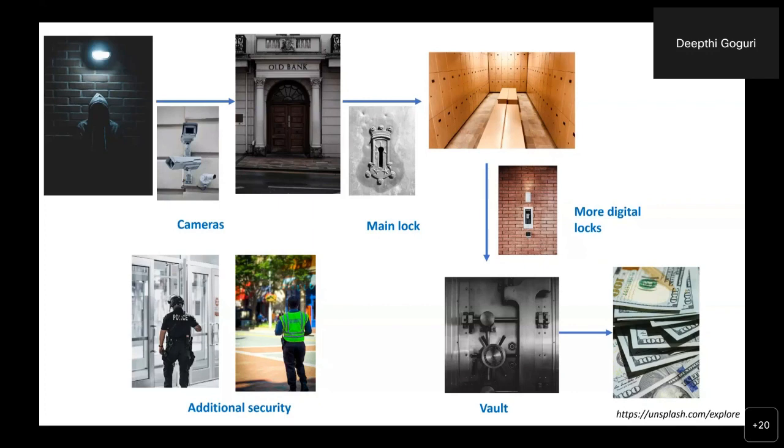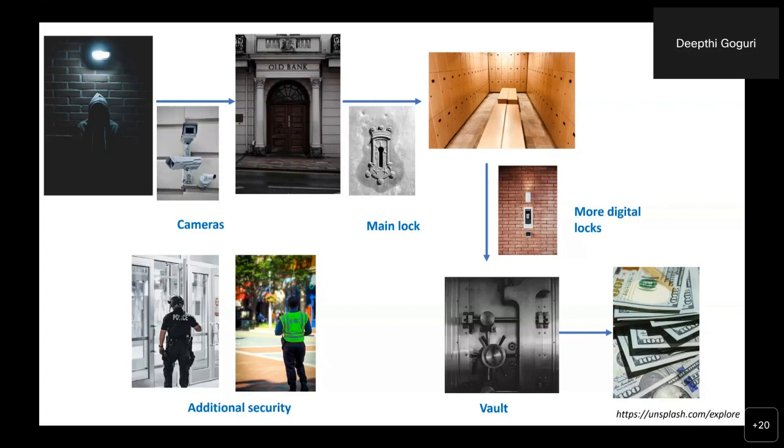So the police got notified and they are about to come to put him behind bars. He couldn't even enter the vault, because by the time he tried to open the digital lock, all these security layers and the multi-factor authentication had sent an alert, and he was caught, but he couldn't even touch the vault, not even the vault door.